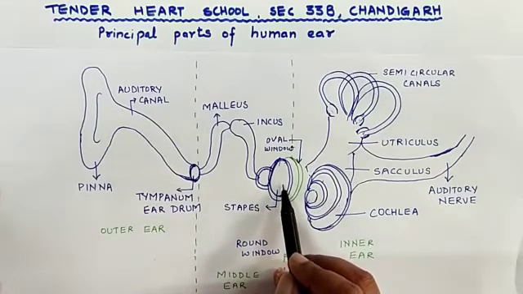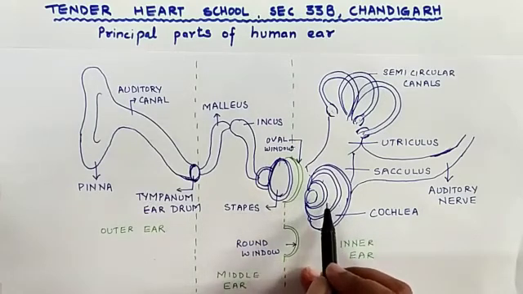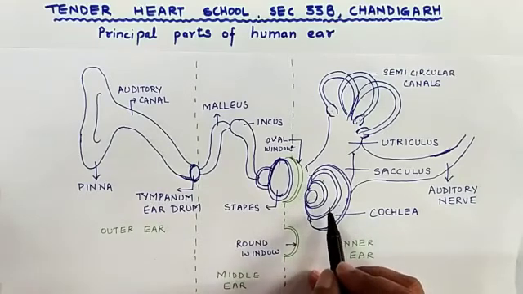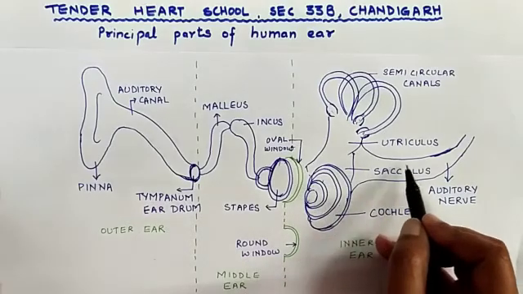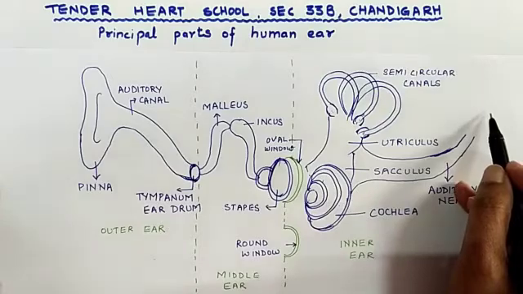The vibrations from the stapes set the cochlea. Inside the cochlea the fluid is set into motion, and these vibrations will be picked up as a stimulus by the organ of Corti, the sensory cells present in the cochlea. The organ of Corti picks up the sensation and through the auditory nerve sends it to the brain.